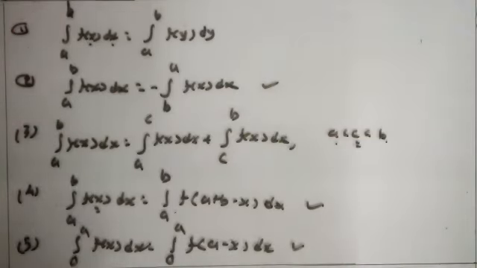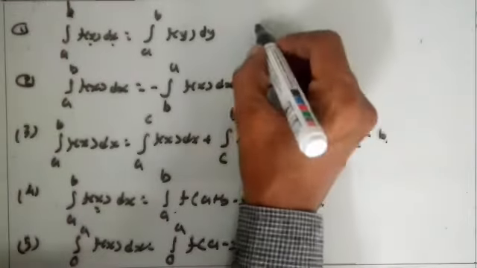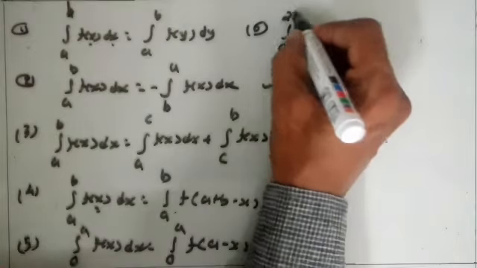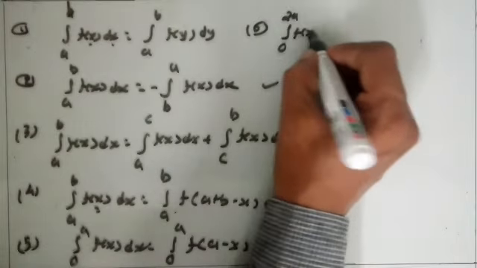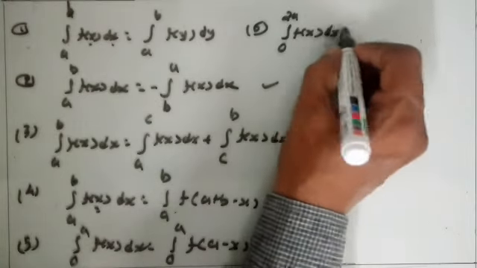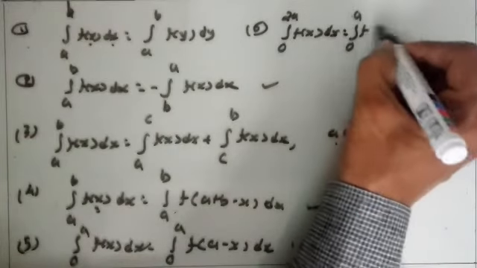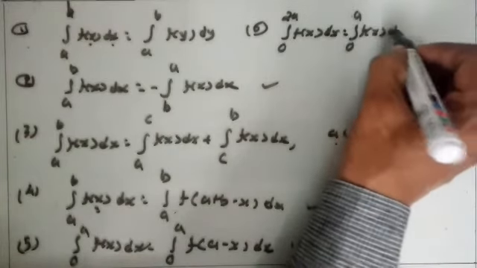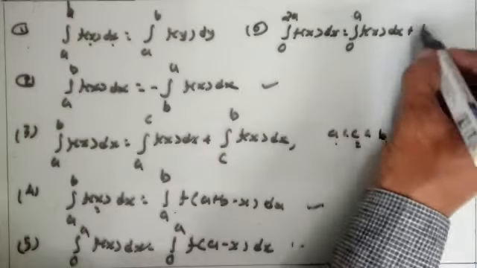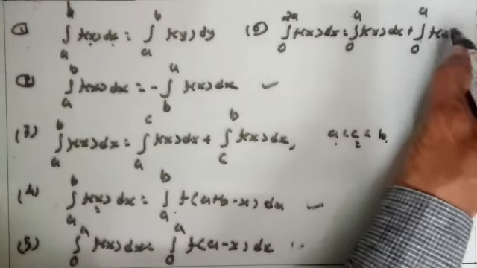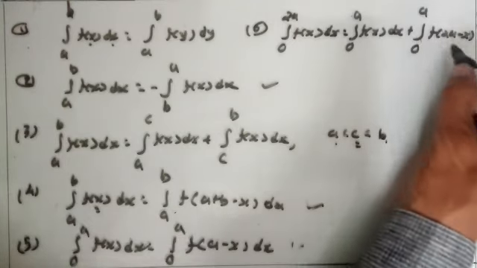Now next property, number 6, integration 0 to 2a f(x) dx is equal to 0 to a f(x) dx plus 0 to a f(2a minus x) dx.